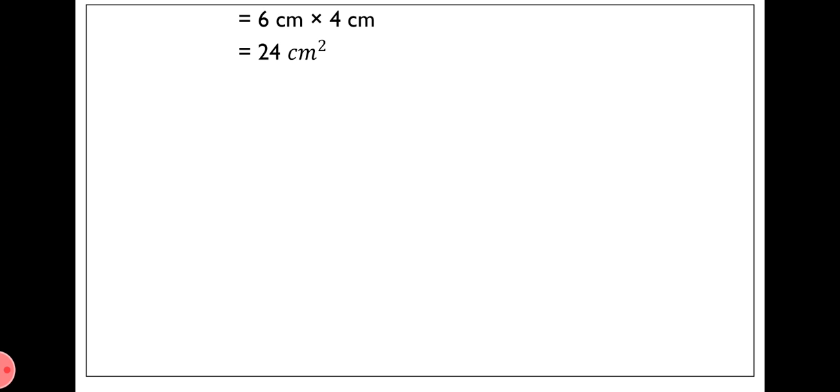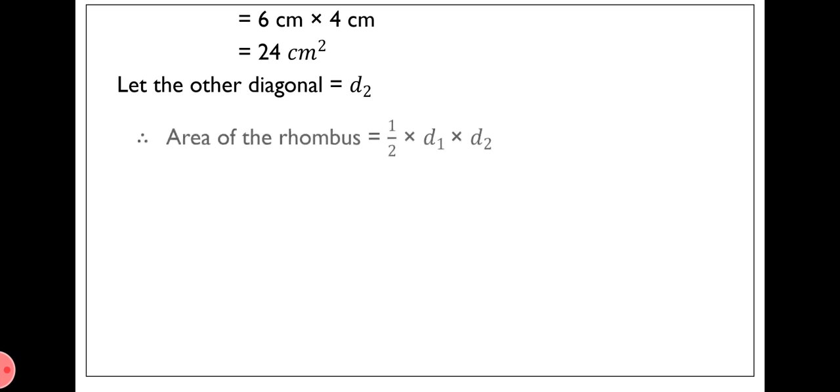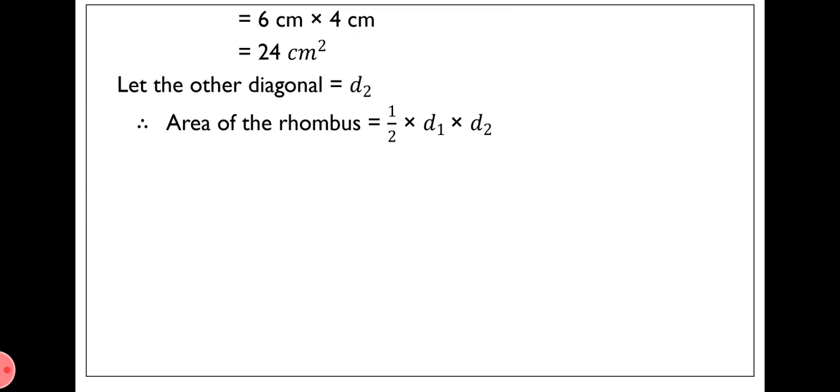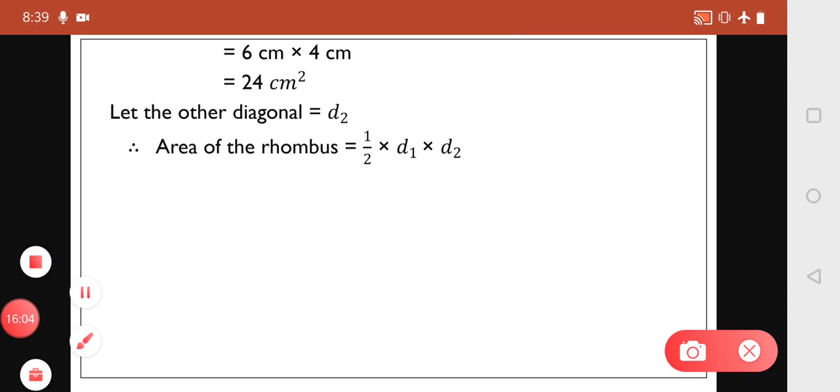So now using this area and one of the diagonal lengths which is given, we will find the length of the other diagonal. Let the other diagonal of the rhombus be d2. Now the area of the rhombus equal to half into d1 into d2. Already we have found out the area of rhombus in above step, that is 24 centimeter square.